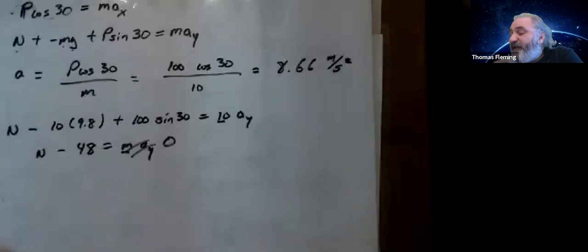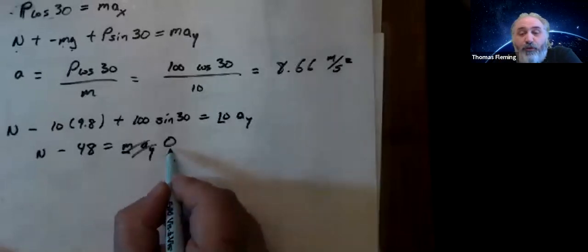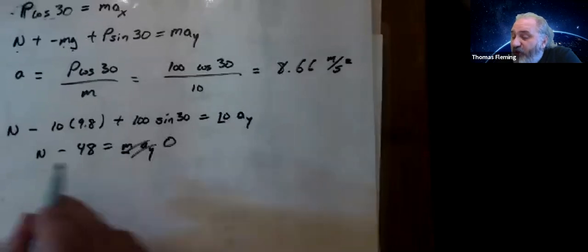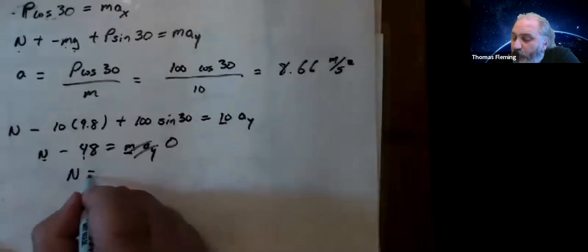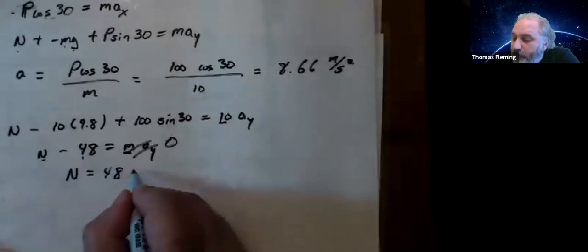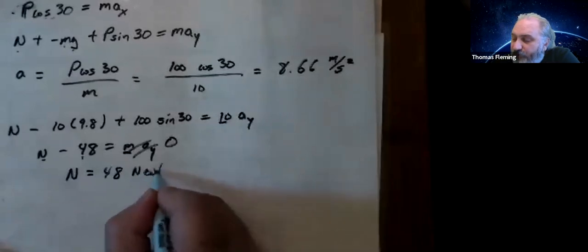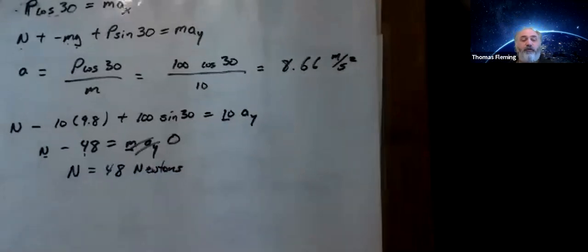So notice, if this thing's not going to fall through the floor, the only way that can happen is if the ground pushes up enough to cancel out that negative 48 Newton downward force. So that means the floor has to push up with 48 Newtons of force. So we were able to solve for that as well.